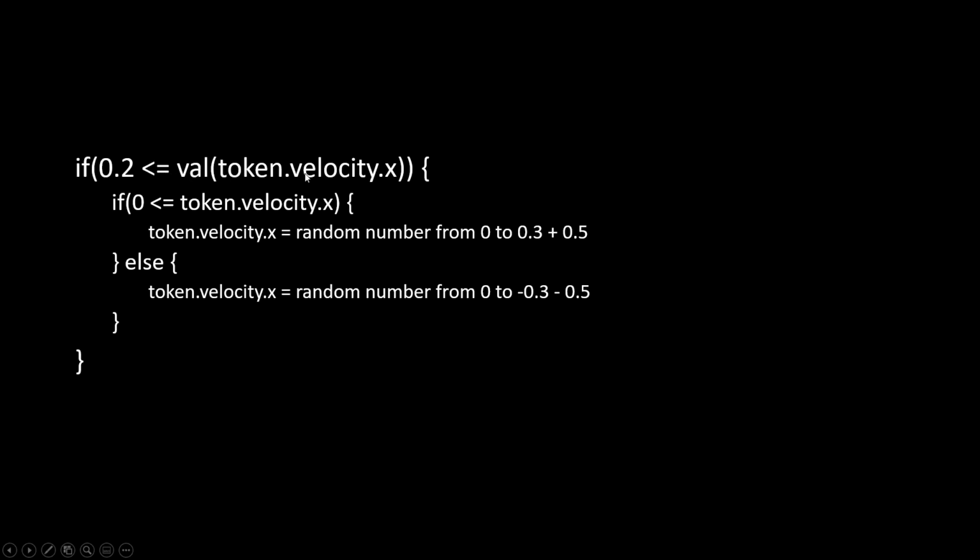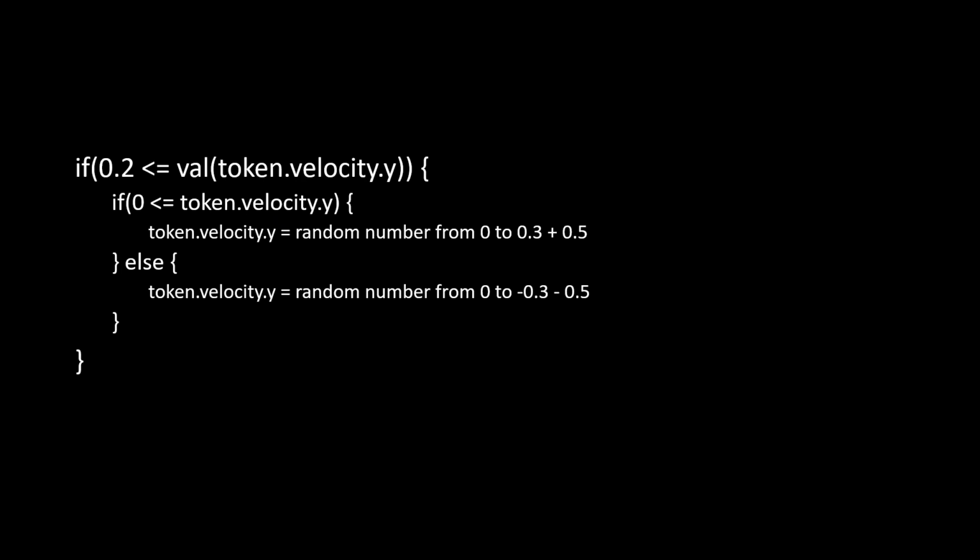So if the absolute value of the X velocity is higher than 0.2, then the X velocity gets set to a random number from 0 to 0.3 plus 0.5, or from 0 to negative 0.3, and then 0.5 is subtracted. The same is also done for the Y velocity.